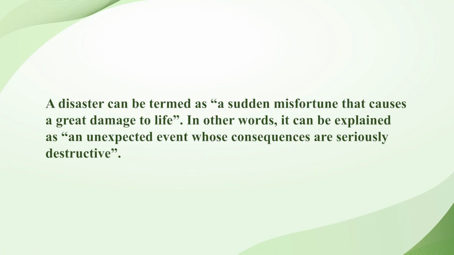Students, now we have reached the last topic of this video, that is disaster. Besides hazards, the farming community also has to face various types of natural and man-made disasters. A disaster can be termed as a sudden misfortune that causes a great damage to life. In other words, it can be explained as an unexpected event whose consequences are seriously destructive.